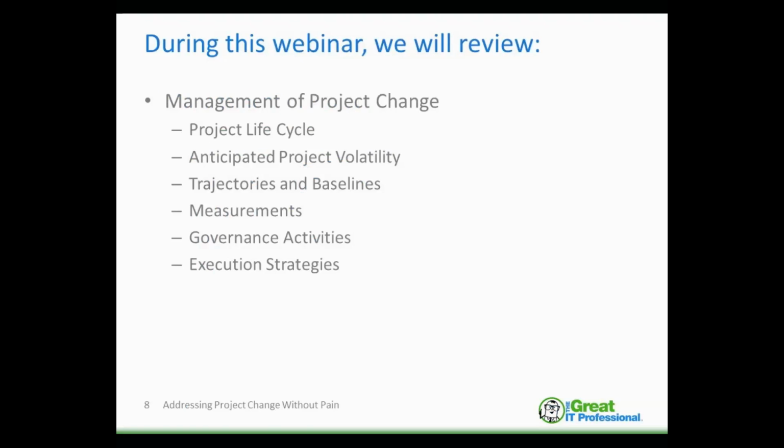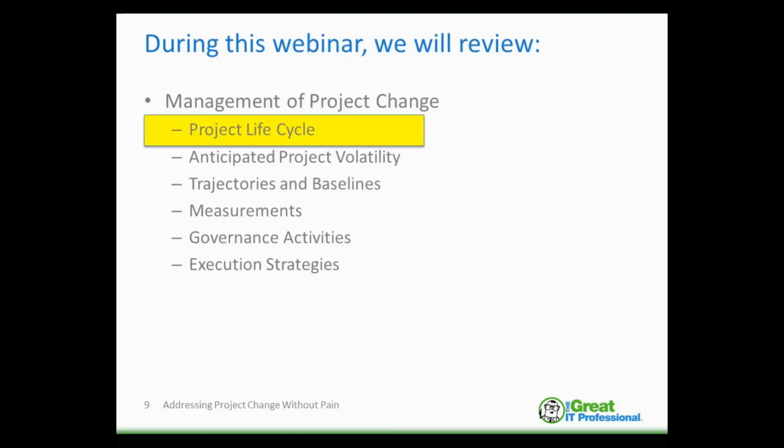Then a discussion of the measurements that can be applied is discussed after that. Governance activities are those activities which are used to manage change effectively, and we're going to review the most common activities that can effectively manage change. And then finally in this session, strategies that will help ensure successful change management during the execution of the project will be discussed.